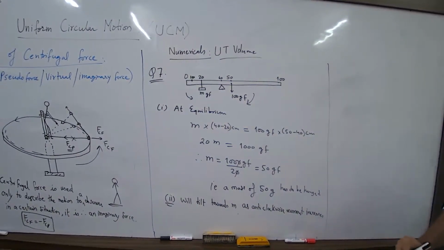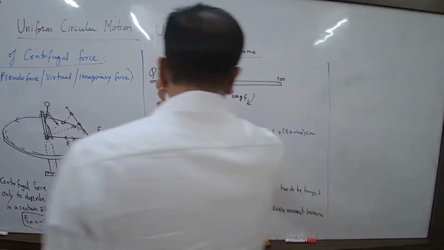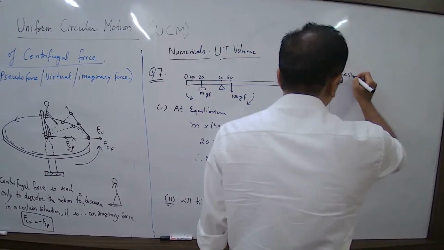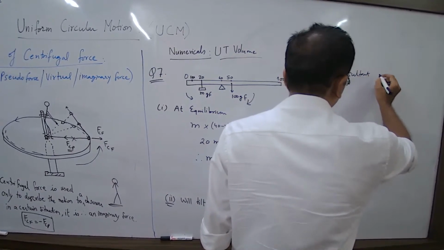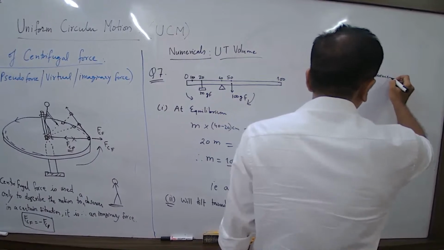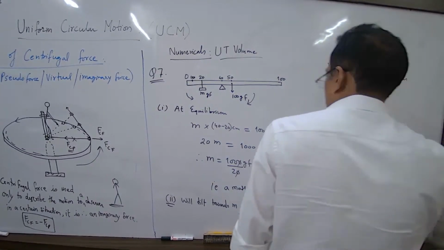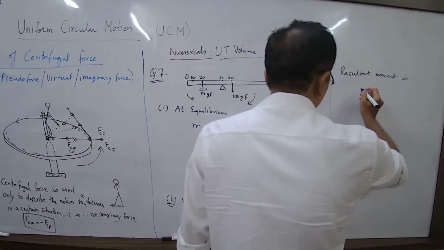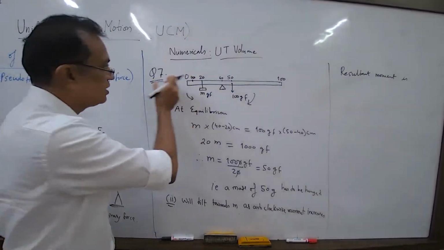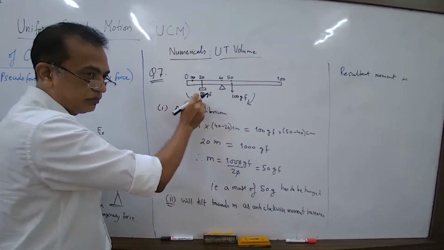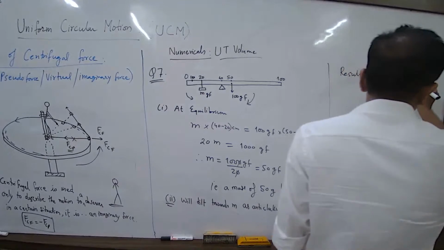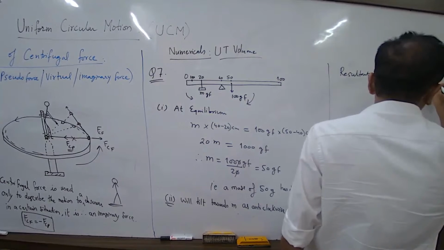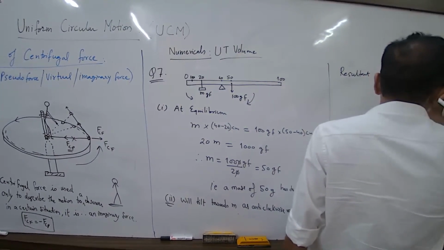So the resultant moment will be 50 into 10. The only increase in moment is 10 centimeter into 50, that is 50 gram force into 10.